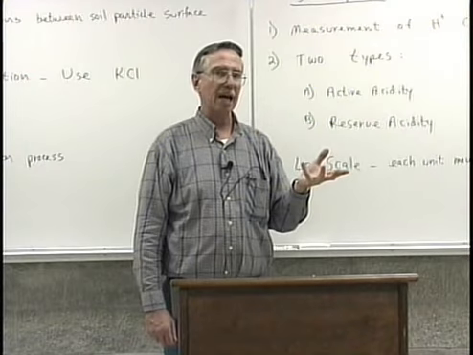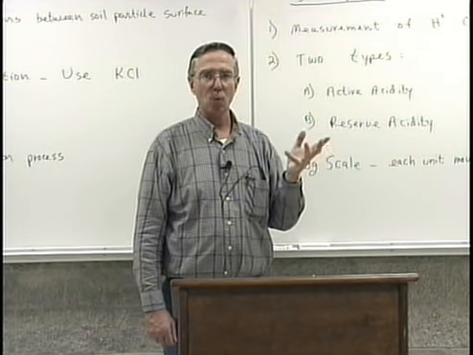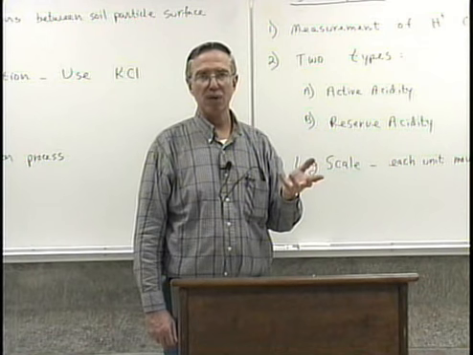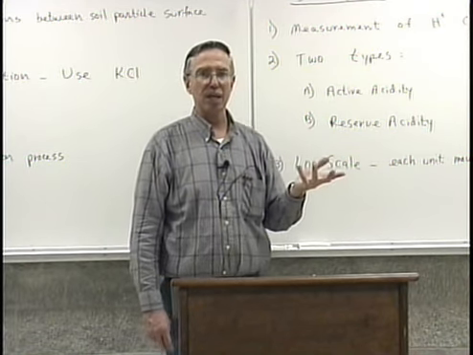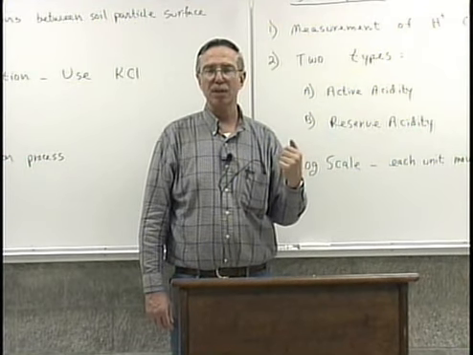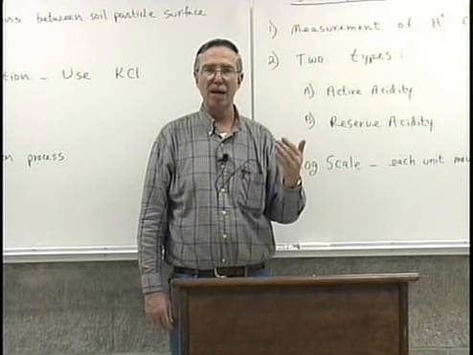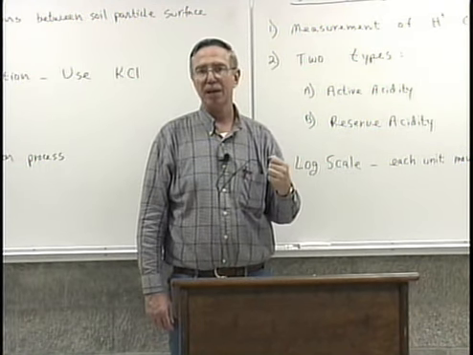Another way of saying that is that a soil with a pH of 5 is 100 times more acidic than a soil with a pH of 7. So keep in mind that the pH scale is a log scale, and the significance of that is that each unit move on the scale changes the concentration of hydrogen, or if we're thinking of that in terms of the degree of acidity of the soil, by a factor of 10.